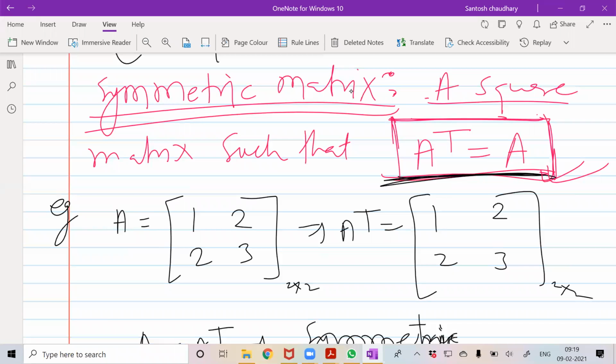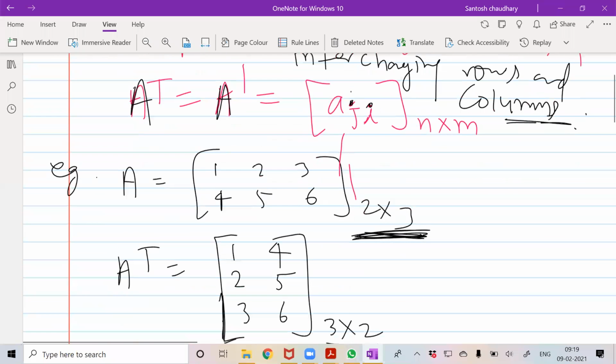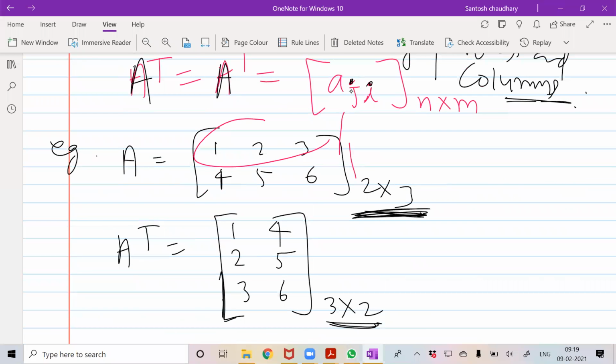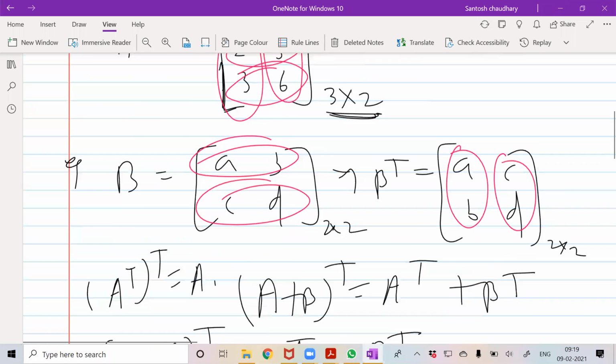I said a square matrix such that A transpose is equal to A. What is transpose? In transpose we interchange rows and columns. The row becomes a column and the column becomes a row.